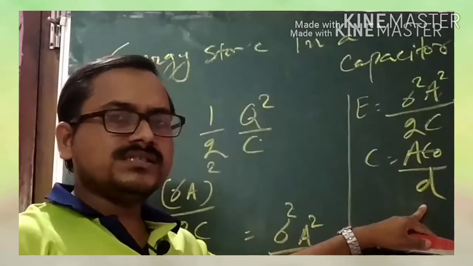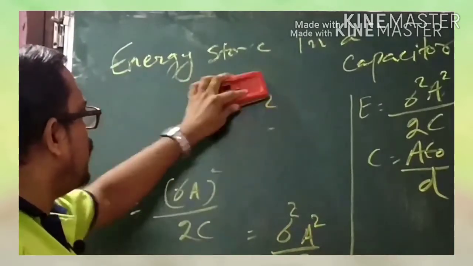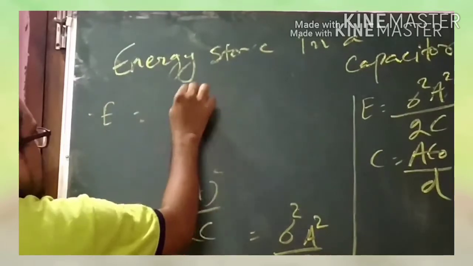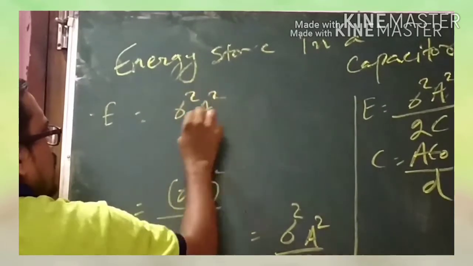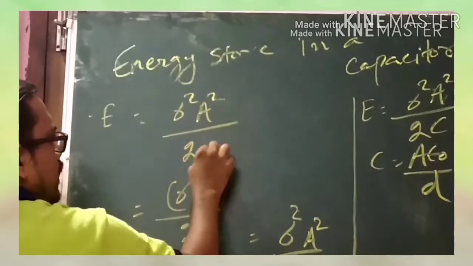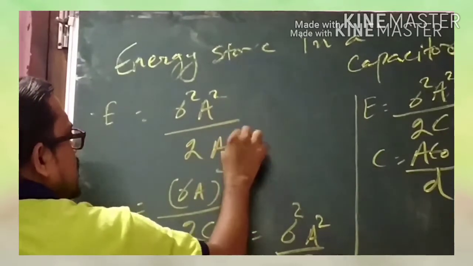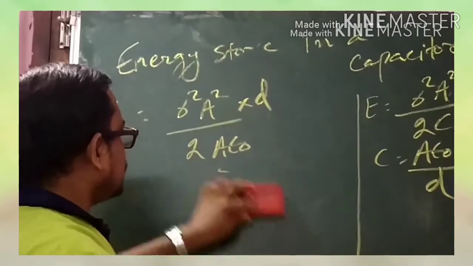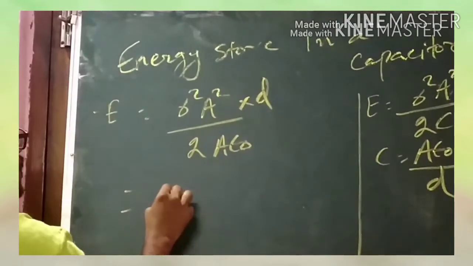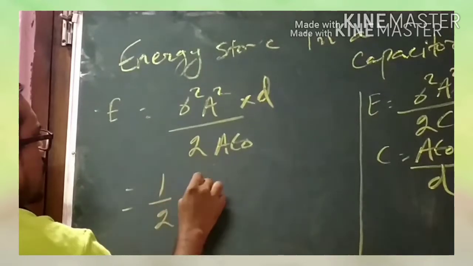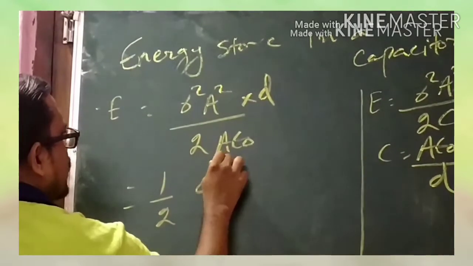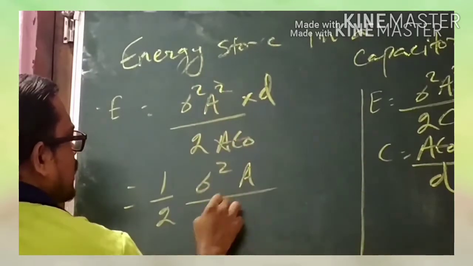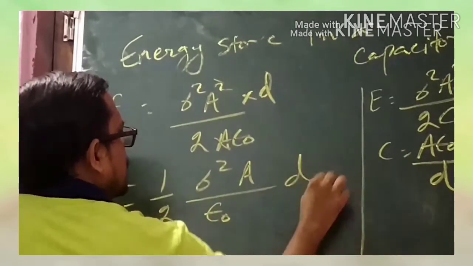So this is A epsilon 0 by D. Now putting this value, we can get E will be equal to sigma square A square by 2 into A epsilon 0, then this is 2D. Now here also we have cancelled out: sigma square A cancels out. So now this is epsilon 0 and this is D.